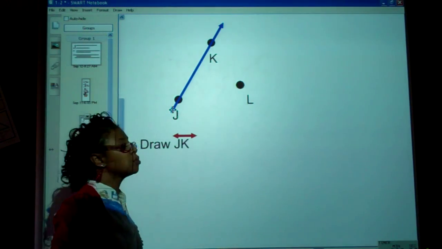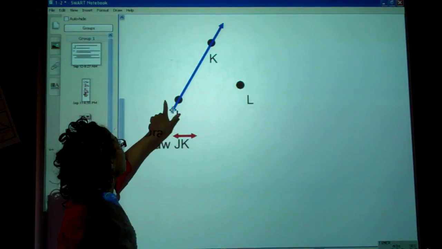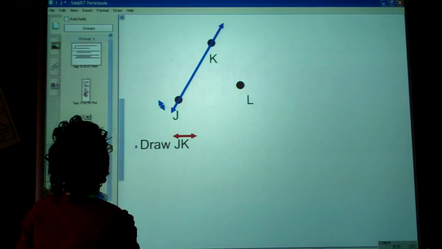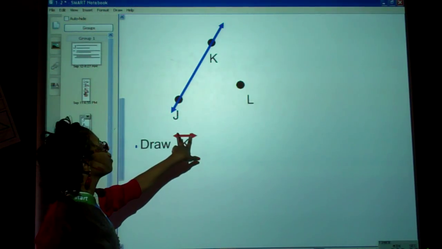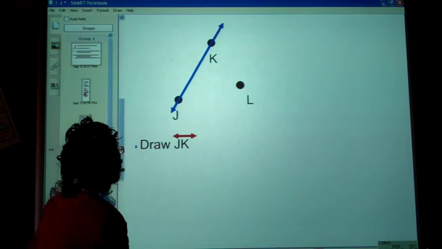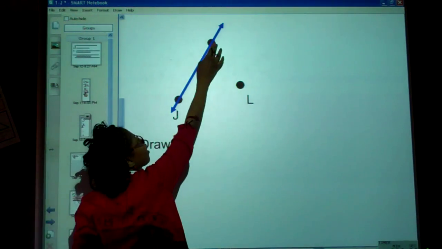Now you can see it goes from J to K, with 2 arrowheads. What's the next thing we need to draw? That's done. Notice I have 2 arrowheads on there.